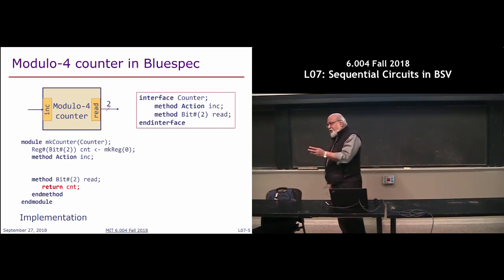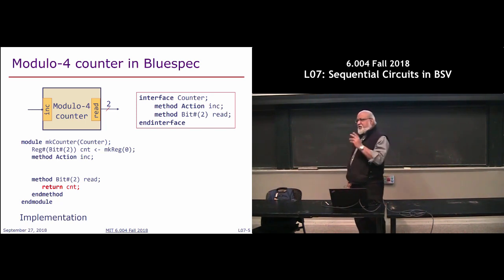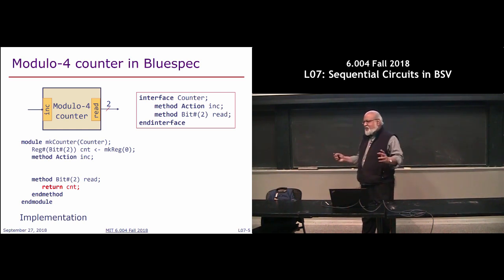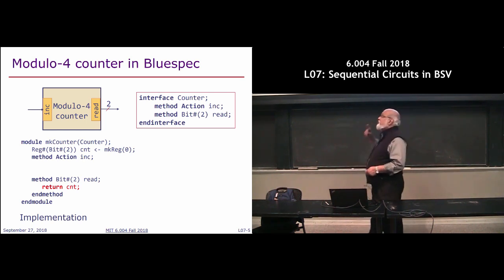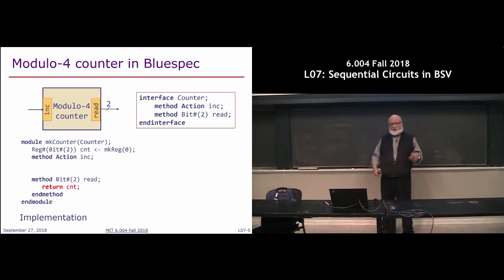So counter objects can be manipulated only in two ways, increment and read. And read doesn't do anything, it just returns something. You don't know what it returns, but it returns something, and increment affects the state of the system. That's why it's an action method. Got it? Yeah. Very good.